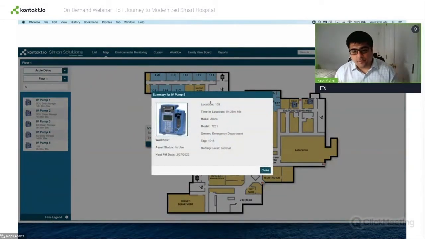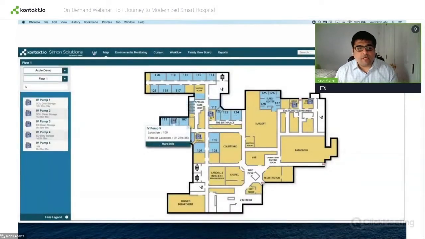And all of these attributes are completely configurable. So we can pull them from your CMMS systems. You can define attributes that are not part of your CMMS systems. All of that can be completely configured on the fly. And we can even add a picture so new employees can know what they're looking for if they haven't been around for a long time.